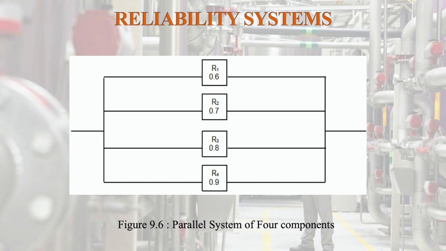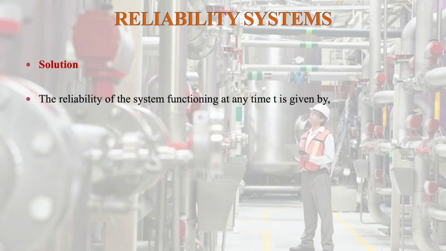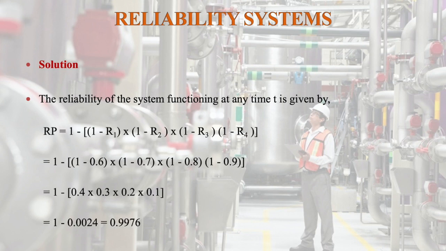So the reliability of this parallel system of 4 components, functioning at any time t, is given by Rp equal to 0.9976.